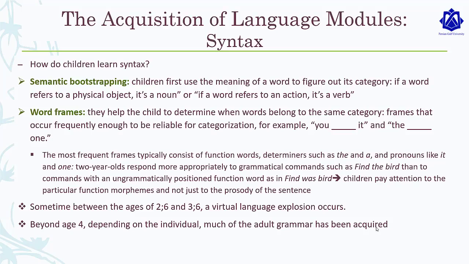Or they might use a heuristic like this, that if a word refers to an action, it's a verb. However, if we want to look at it from the adult perspective, we have verbs like know, that do not refer to an action, but they refer to state. And we say that well, semantic bootstrapping cannot be used.